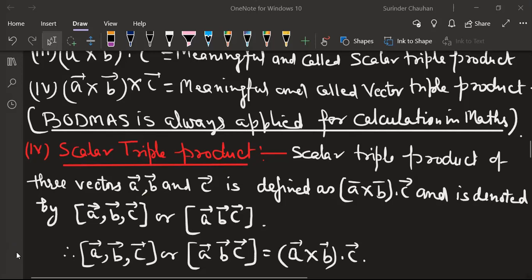Therefore, the scalar triple product of the three vectors A, B, C is written as [A, B, C], which is equal to [A B C], which is equal to A vector cross B vector dot C vector.